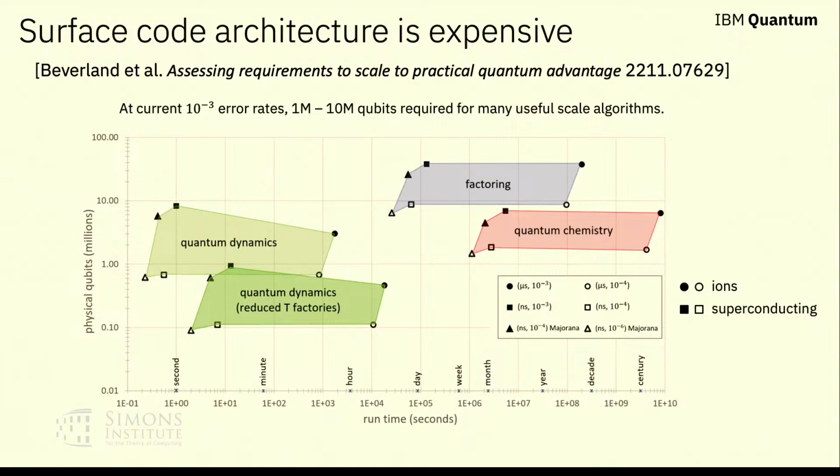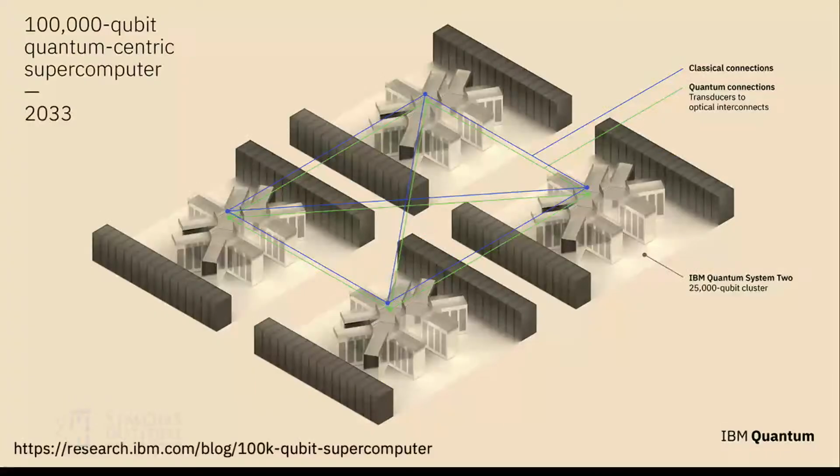So to put that in perspective, what are the machines we have today? Well, the machines we have today are like hundreds of qubits. So we're not even close to doing these algorithms. But even in 10 years, if we look at, for instance, the IBM roadmap, then we plan a 100,000 qubit computer.